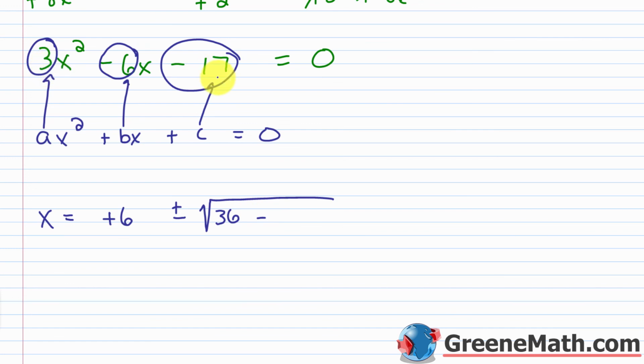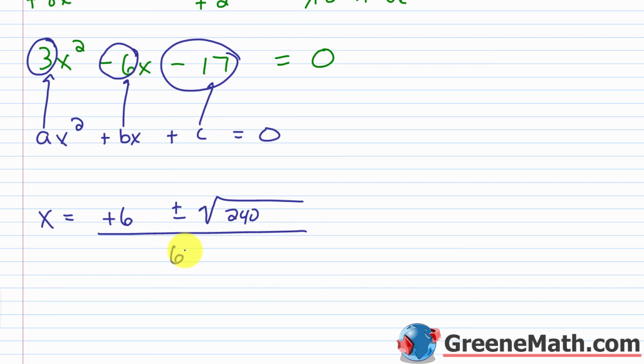Times c. 12 times negative 17 is negative 204. So minus the negative 204 is plus 204. So I would get 36 plus 204, which is 240. So this is plus or minus the square root of 240. And this is over 2 times a is 3, so 2 times 3 would be 6.